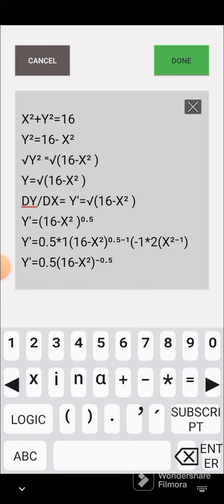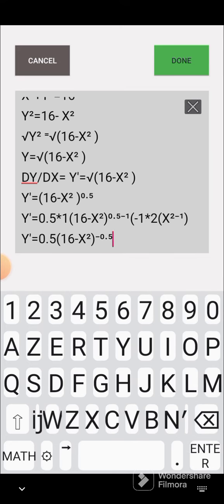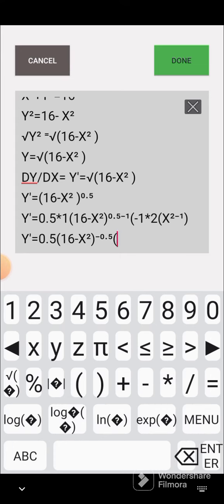We are just simplifying it, and we come to this one which says -1 times. So we bring our bracket showing it is multiplying. Negative 1 times 2 will be -2.